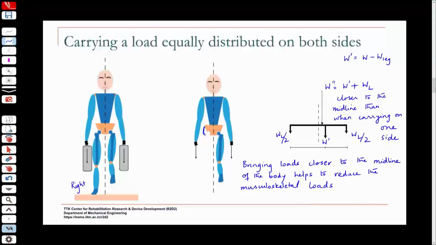This is the muscle I am trying to use. Okay. So, it is towards the loading side.